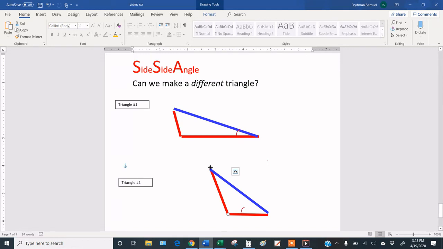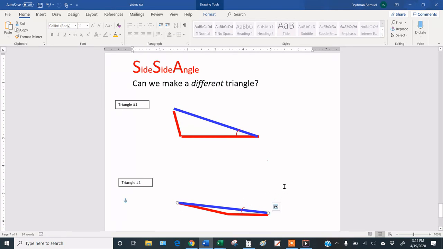Maybe instead of rotating it clockwise, I'll rotate it counterclockwise. So it started about here. Let me rotate it to around there. And then I'm going to take this side and bring it over to here to meet it.